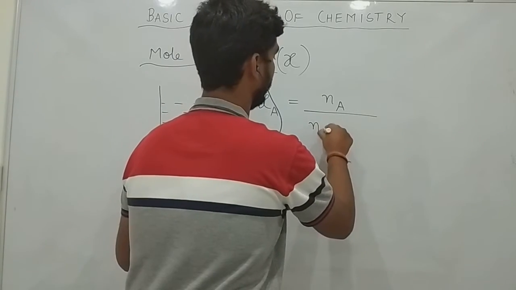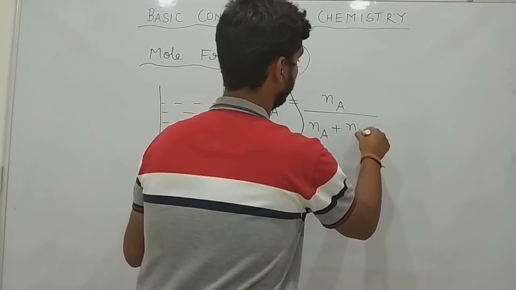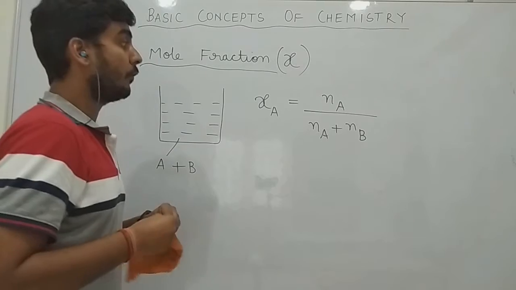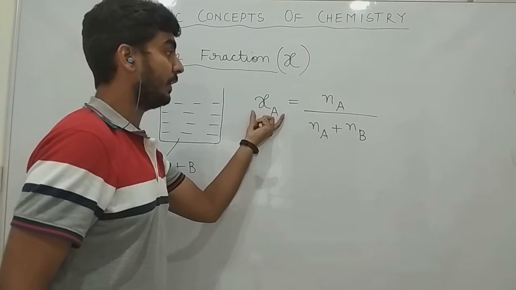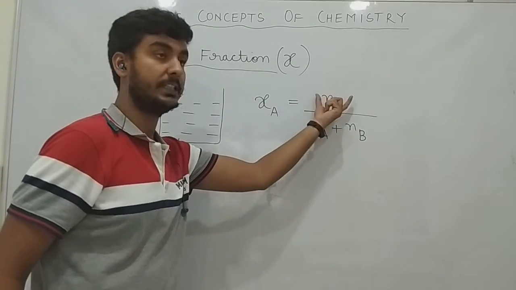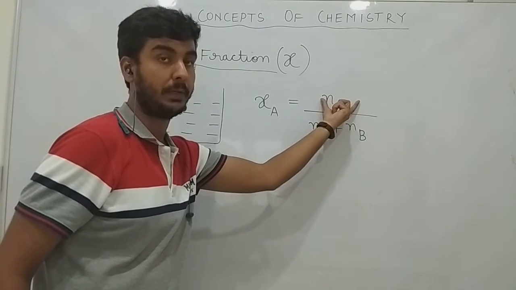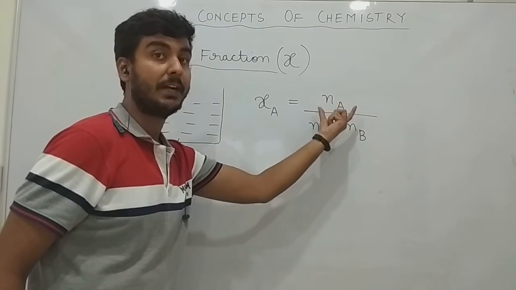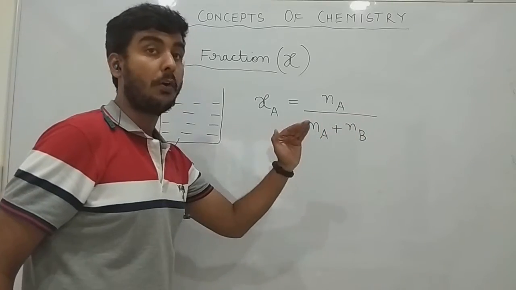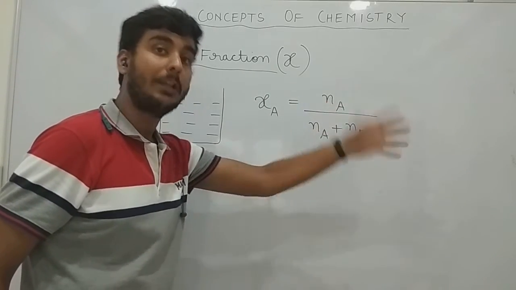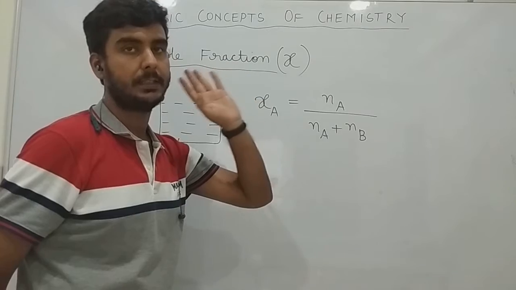So it will be Na by Na plus Nb. That is, the mole fraction of any component is equal to the number of moles of that component in the numerator, divided by the sum of the number of moles of all the components present in the solution.